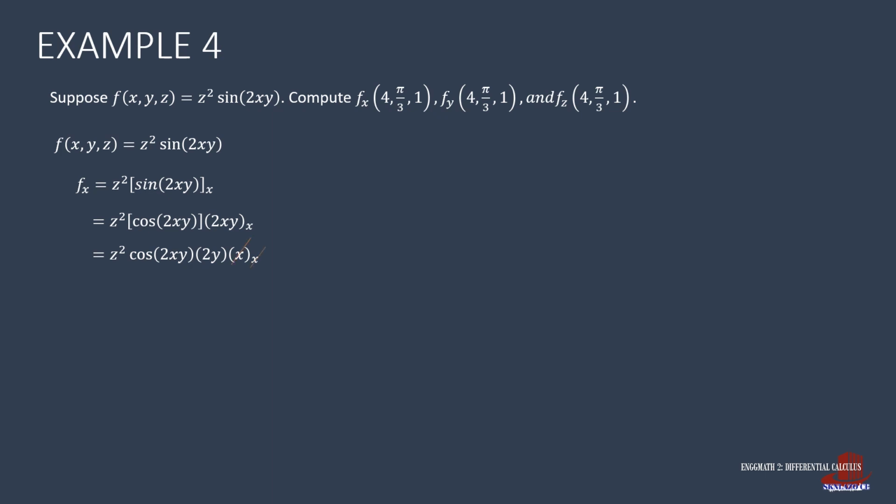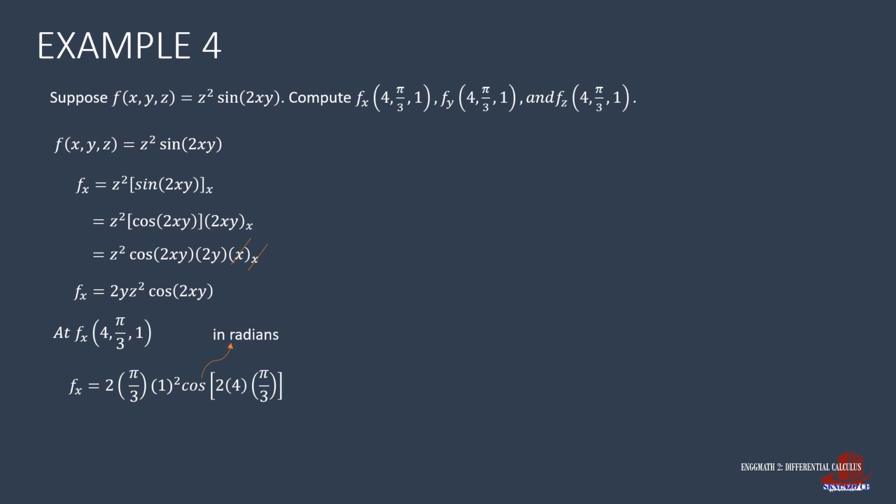At this point, dx over dx is 1, making the reduced partial derivative 2yz squared times cosine of 2xy. Using the coordinates, the function becomes 2 times pi over 3 times 1 squared with cosine of 2 times 4 times pi over 3. The trigonometric function is solved in radians to have f sub x as negative pi over 3.